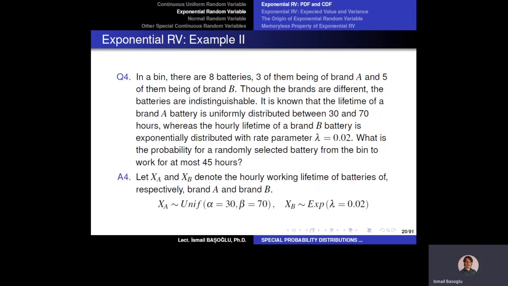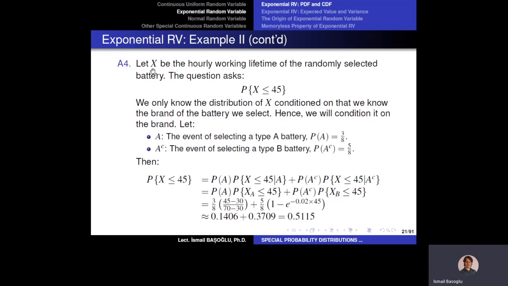However, the question is asking us this: if we randomly select a battery, the brand of which we do not know, what is the probability that it works at most 45 hours? So we define another random variable that is X. And X is the hourly working lifetime of the randomly selected battery.